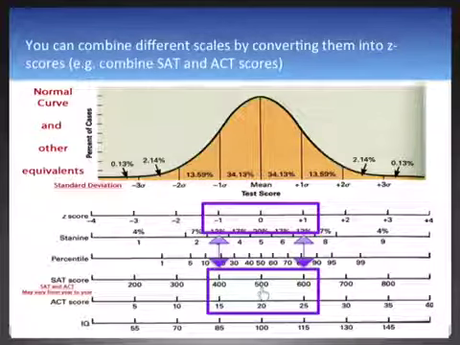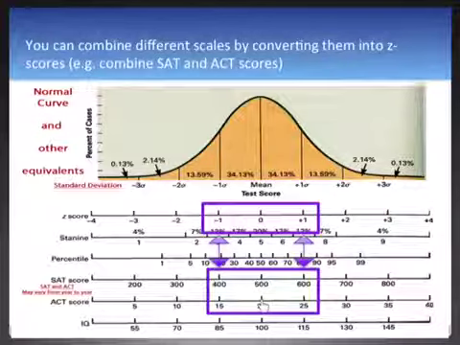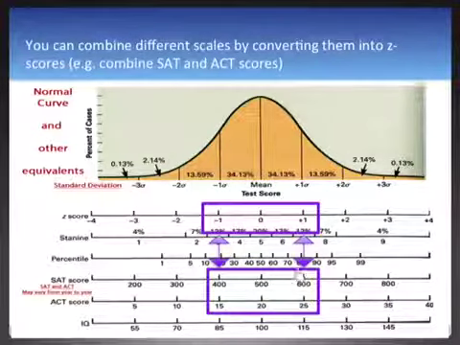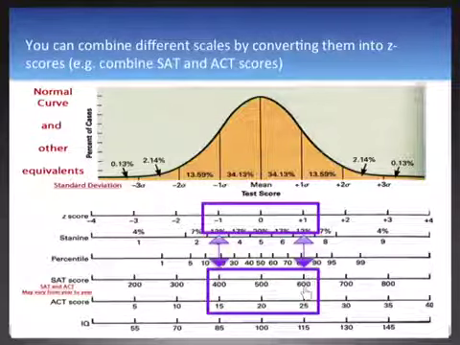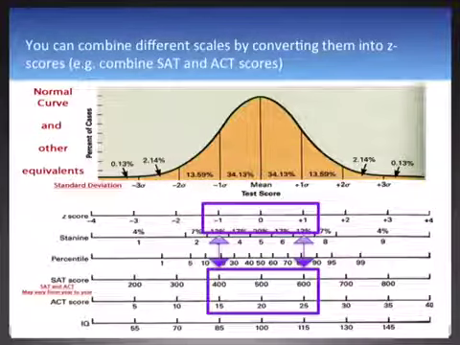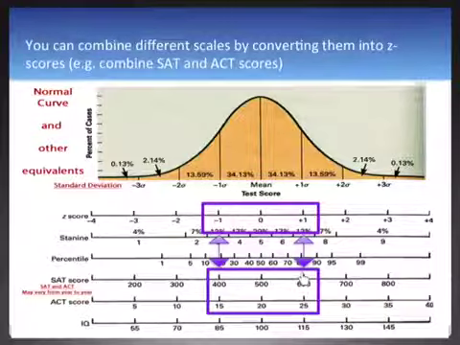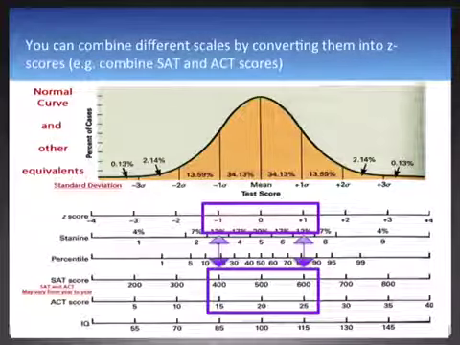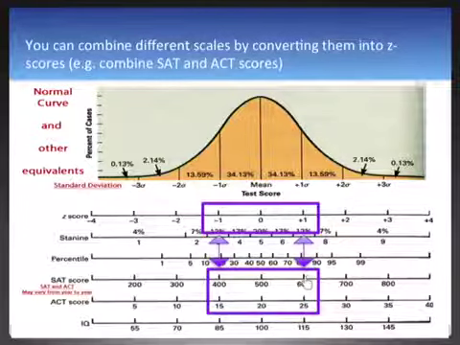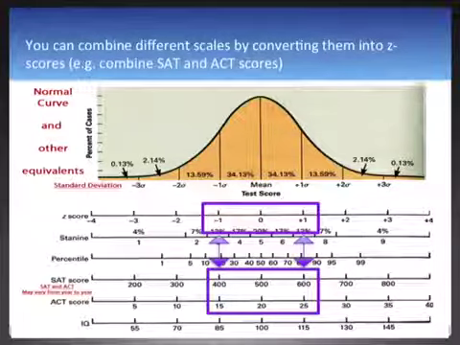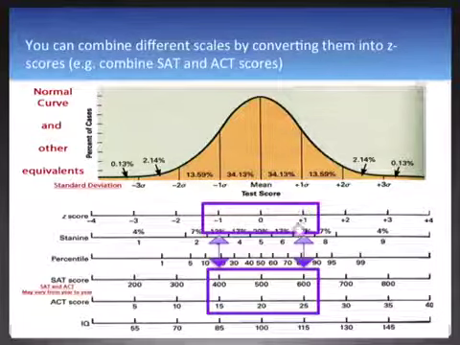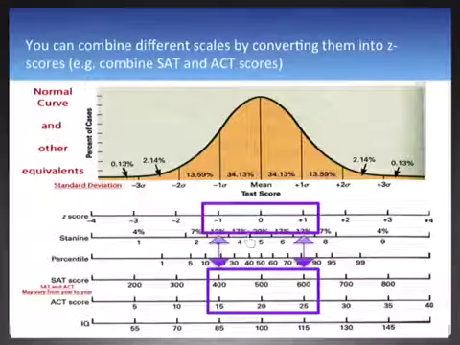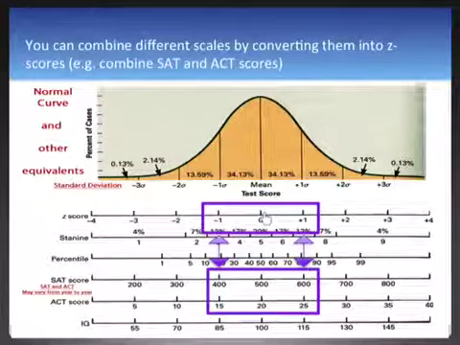Now, if we want to make these two tests comparable with each other, let's say you have 25 points on the ACT score and 600 points on the SAT, we would know, if we knew the standard deviations, that you're about one standard deviation above the average. And what we just did is we calculated a z-score. So a z-score is a metric in terms of standard deviations.